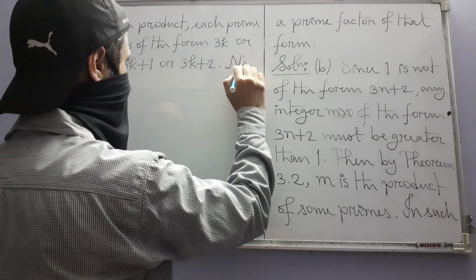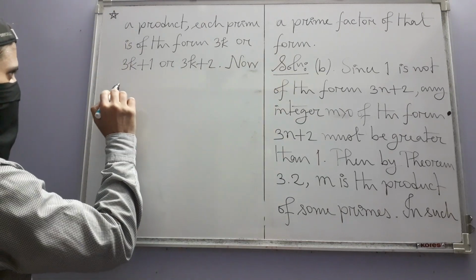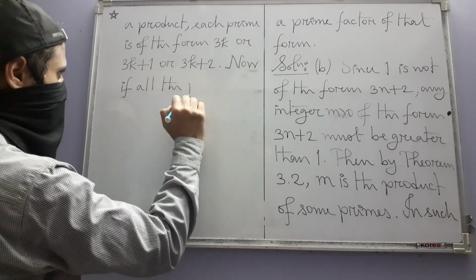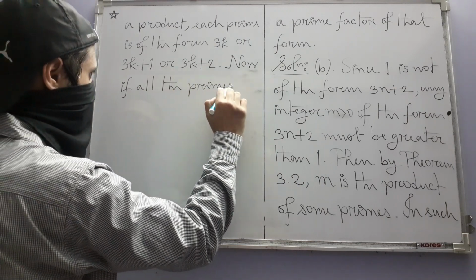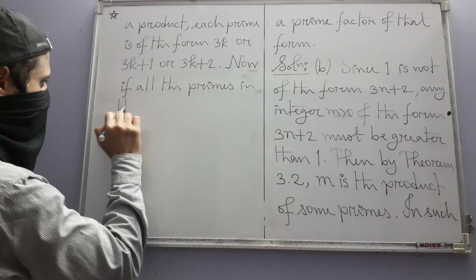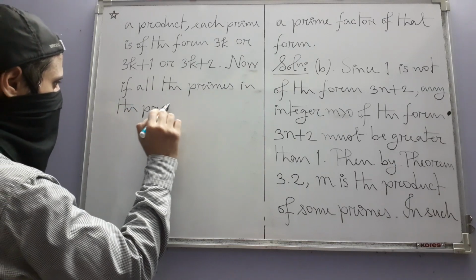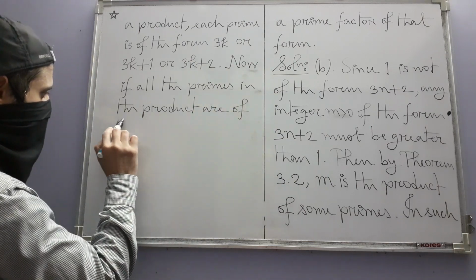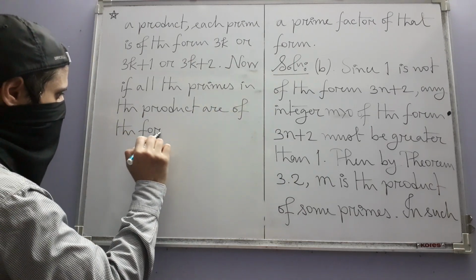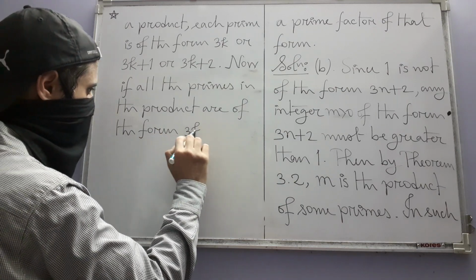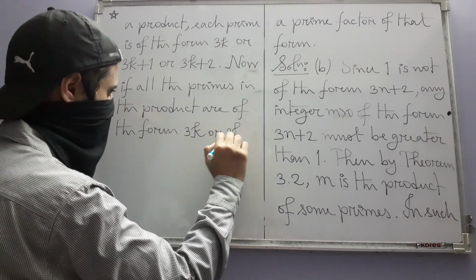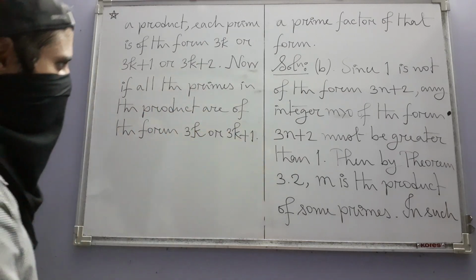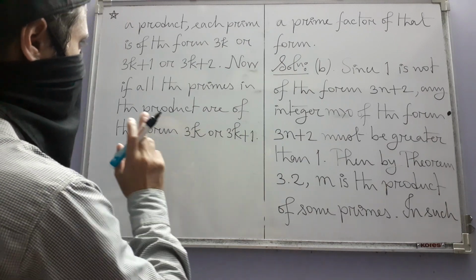Now, if all the primes in the product are of the form 3k or 3k plus 1. Probably I should not have said it like this, but more precisely I should have written this.